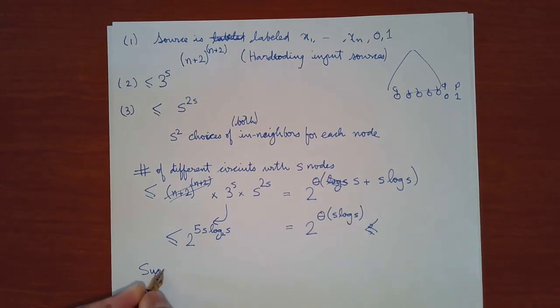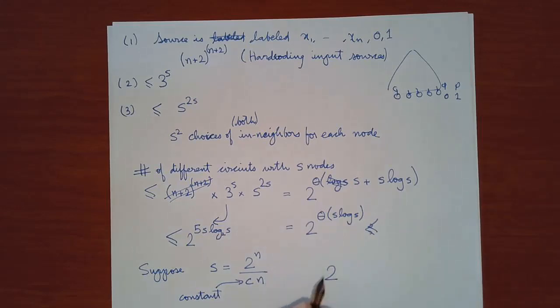Okay, so suppose s is equal to 2 to the n divided by Cn, where C is some constant. Then 2 to the 5s log base 2 of s is equal to 2 to the power 5 times 2 to the n divided by Cn times log of s.